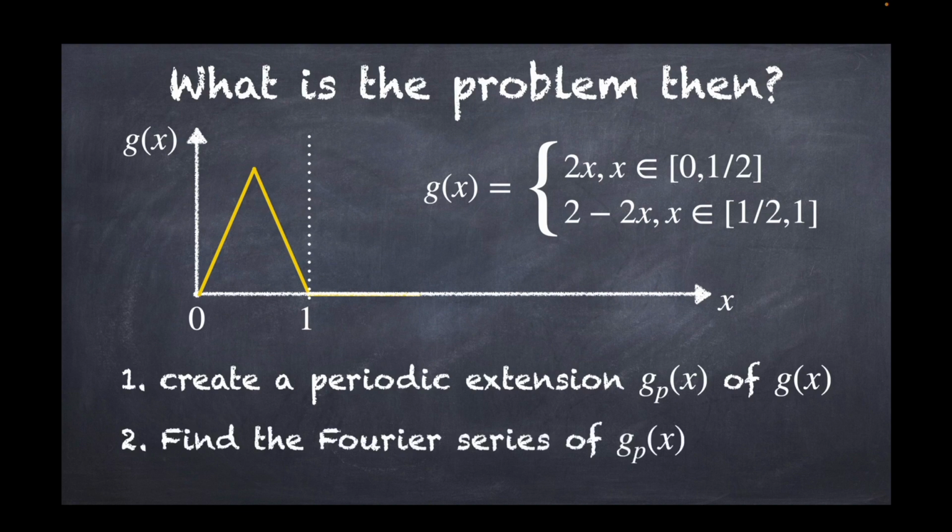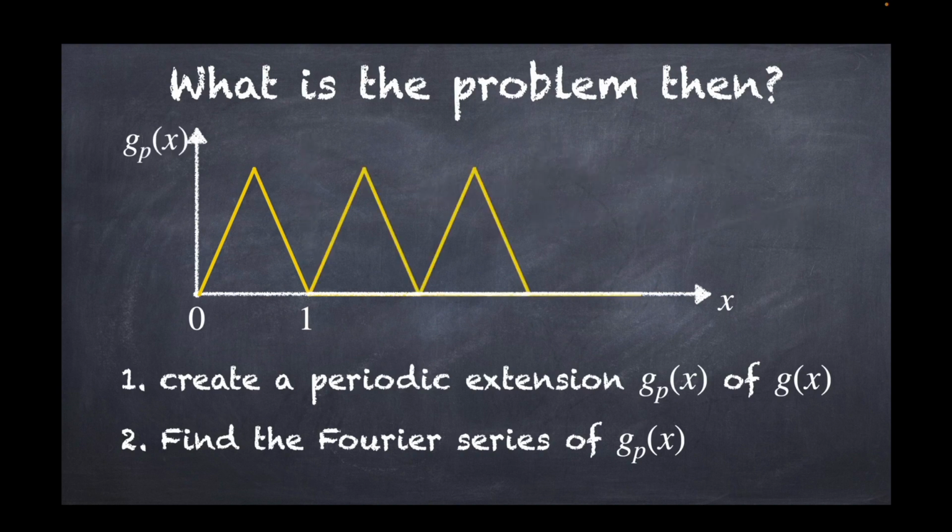And once you have this periodic extension, then you find the Fourier series of GP of x. So, for example, this is a particular periodic extension of this particular function. Here, of course, you need to imagine that this is continuing on and on and on.